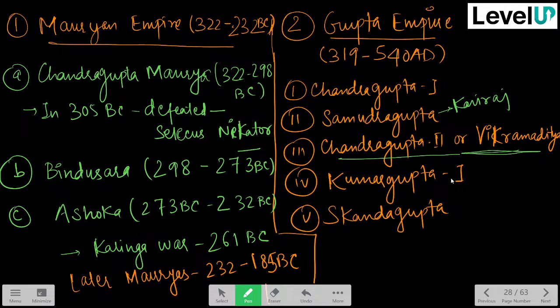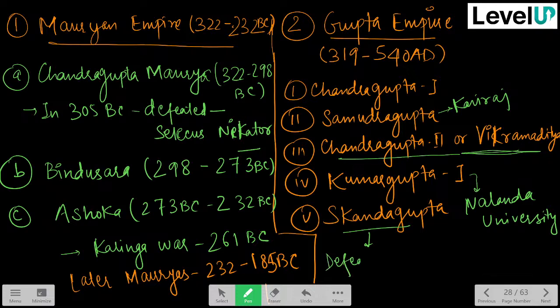Next, Kumar Gupta was the ruler who established Nalanda University. And Skandagupta was very famous for defeating the Huns.